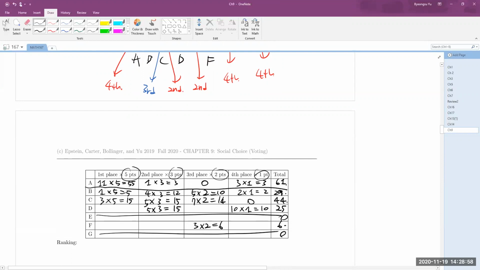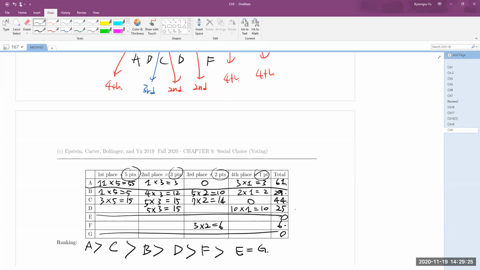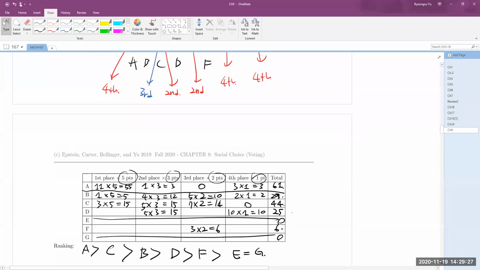The biggest number was on A, so A is the highest ranking, and the second biggest number is C, and the third one should be B, and D is next, and F is next, and now E and G have no points, right? Using the rank method.